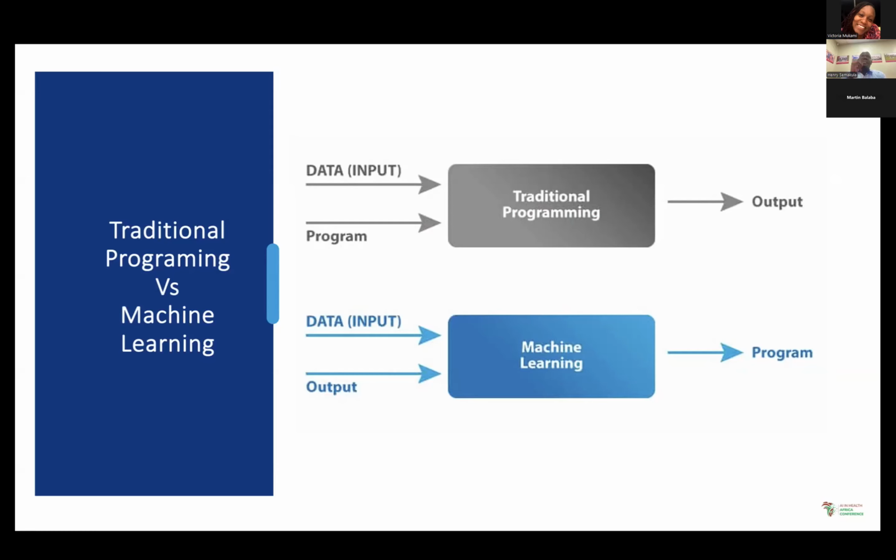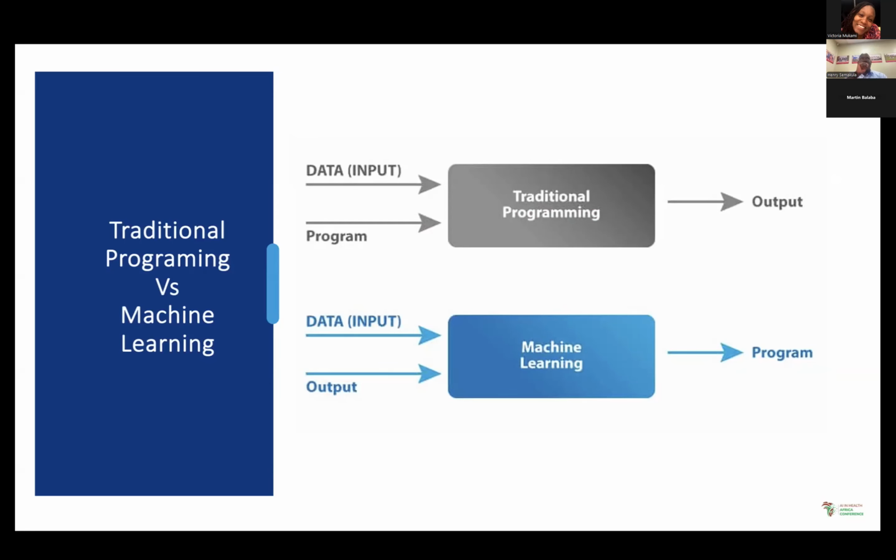But in machine learning, for example, if I'm going to train a model to predict a patient with breast cancer, I will take the images, the scans of the breasts, maybe the X-rays that are done, as the input. But definitely I need to label, like Martin in the presentation talked about labeled data. I need to label that, okay, this X-ray is of a patient with breast cancer.